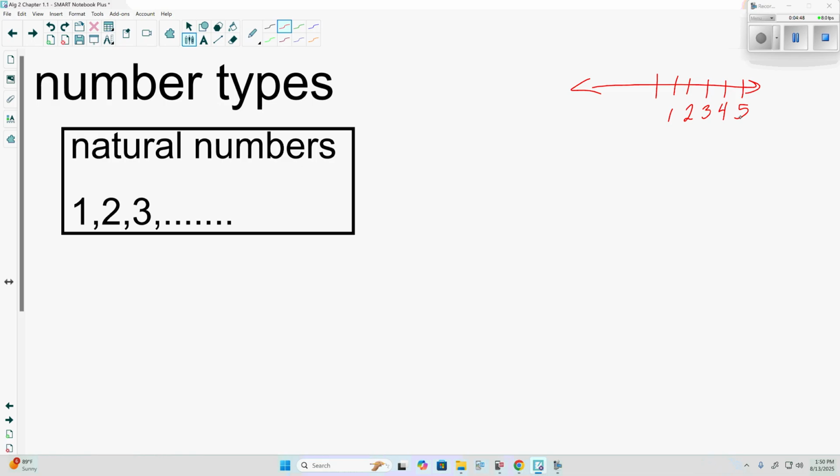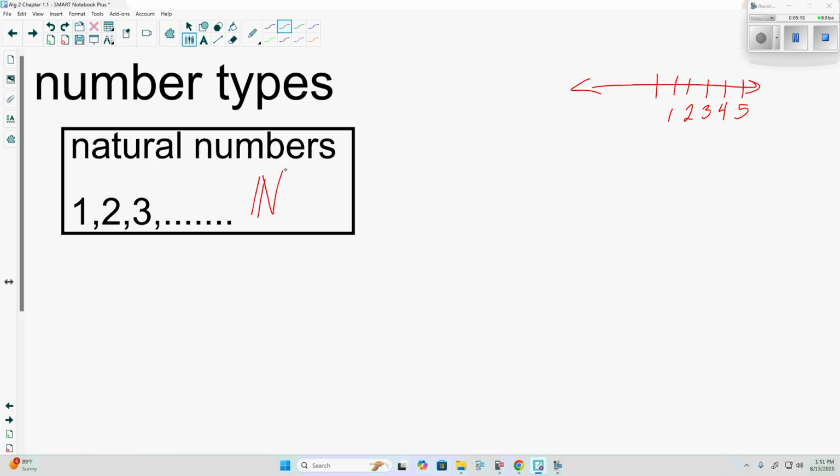Okay. Now, in a lot of ways, mathematicians have a tendency to be a little lazy. If we can write something simpler, more to the point, condensed, we're going to do it. So instead of writing natural numbers each time, especially in proofs, they give it this symbol here, an N with two lines.